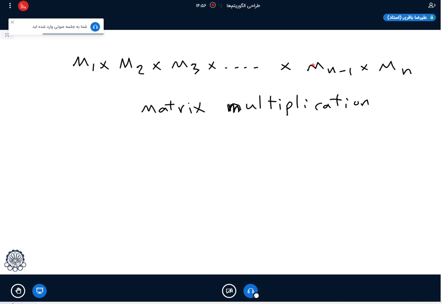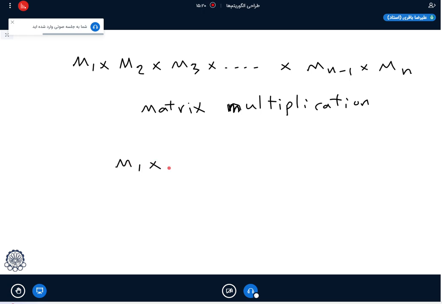When we are going to compute this multiplication, we can have parentheses on this multiplication.